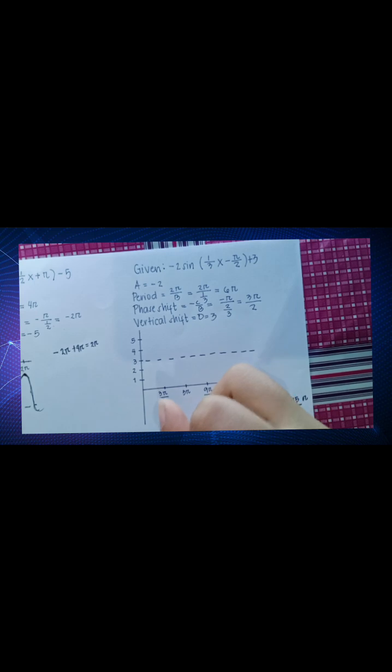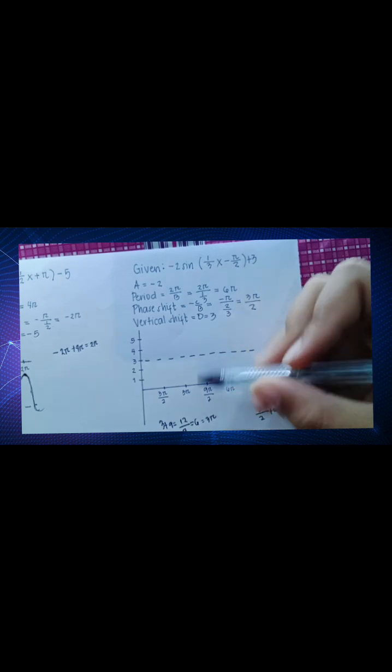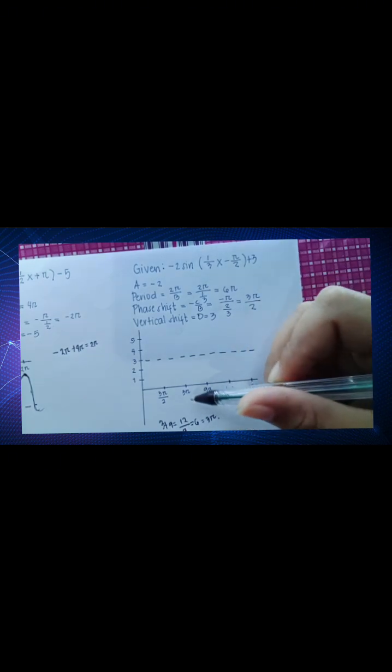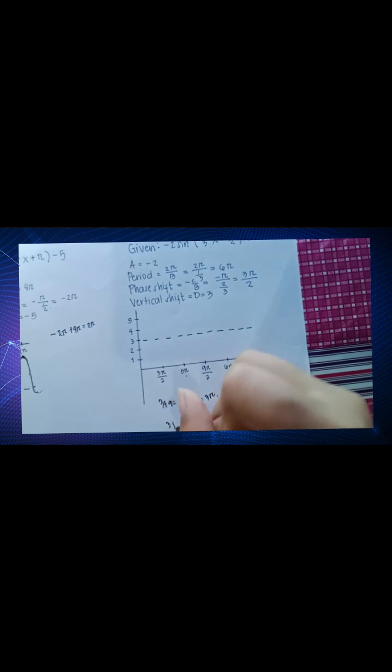Next one is 3 plus 9 equals 12 over 2 equals 6, equal to 3 pi. And the next one is 3 plus 15 equals 18 over 2 equals 9, which is the 9 pi over 2.